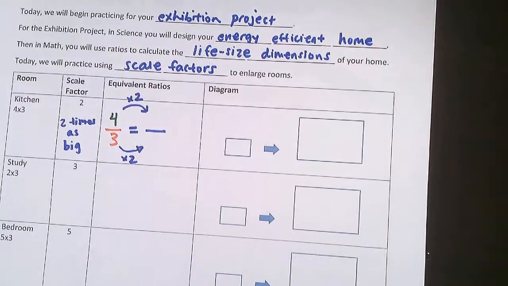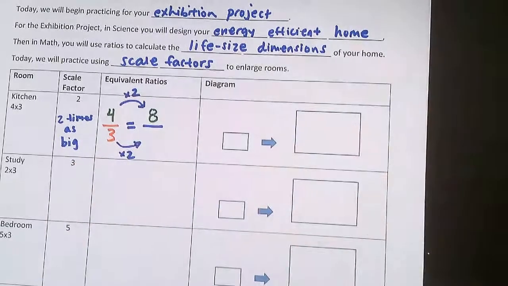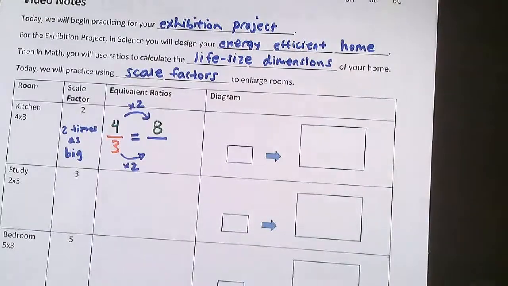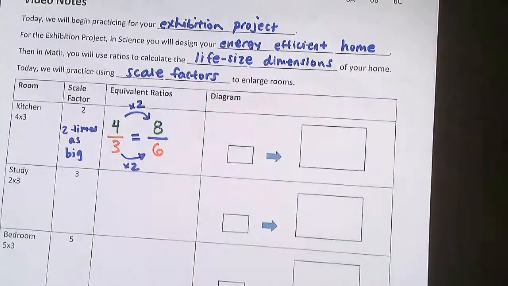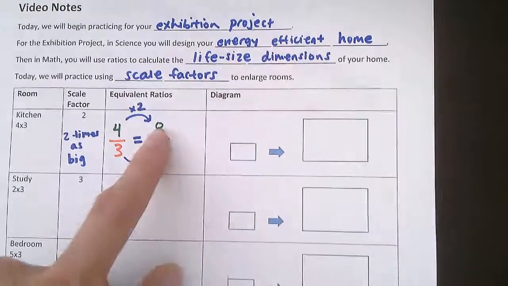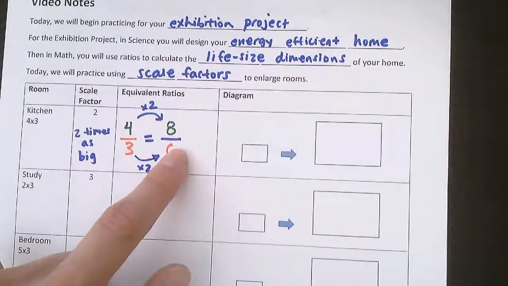So 4 times 2 is 8. And 3 times 2 is 6. So our equivalent ratio is 8 to 6. 4 to 3 is an equivalent ratio to 8 to 6.